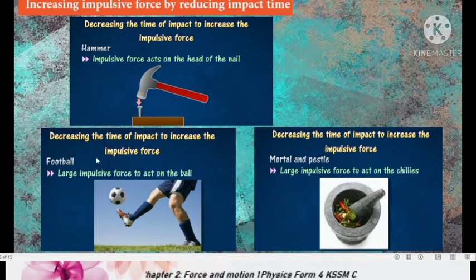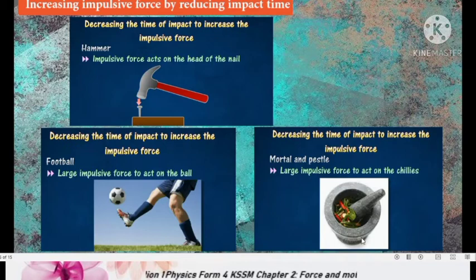The second situation, decreasing the time of impact to increase impulsive force. Football: a large impulsive force acts on the ball. For example, the footballer swings his leg backward before kicking to produce a larger change in momentum, thus a larger impulsive force.